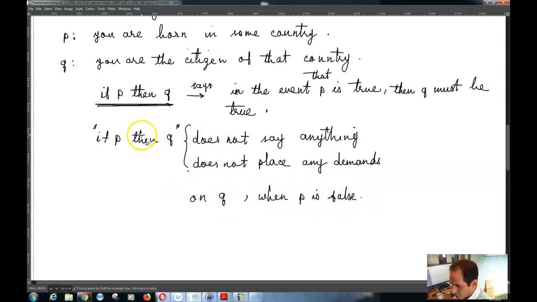So when P is false, you cannot say whether Q is true, or whether Q is false. You just don't know anything about Q. You cannot say anything about it. Okay, so that's basically how it works.